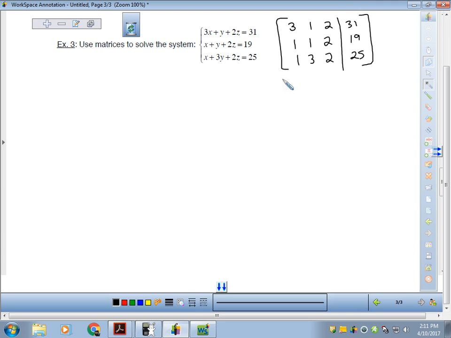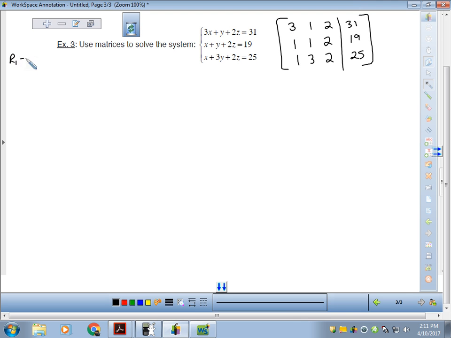Now that I have my matrix, the next step is I want a 1 up here. Now, there's two ways I could get the 1 up here. I could divide this equation here by 3, or I could switch this row with one of these other two rows. The operation that's easiest is just to switch rows, so I'm just going to switch row 1 and row 2.